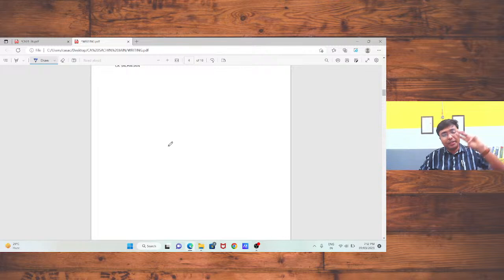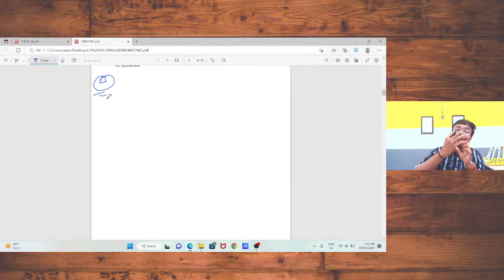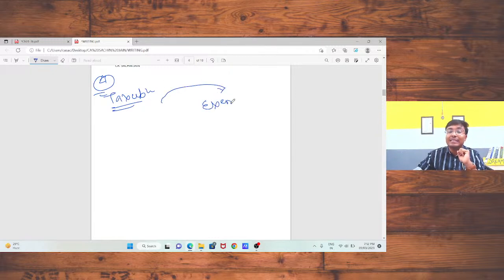Now, sir, three situations we had discussed. Fourth situation: when I bought that plant and machinery, I was using it completely for taxable purposes, and now I am going to transfer it for exempted as well as taxable purposes.